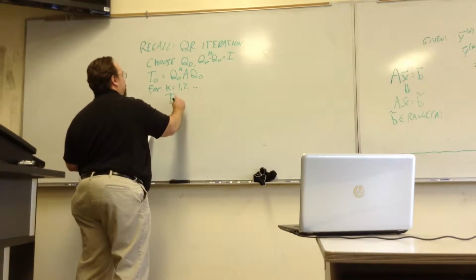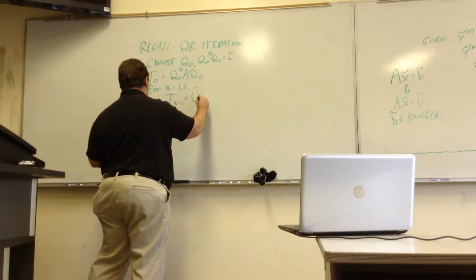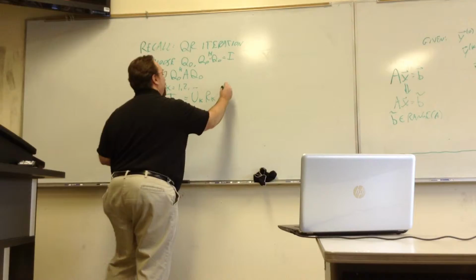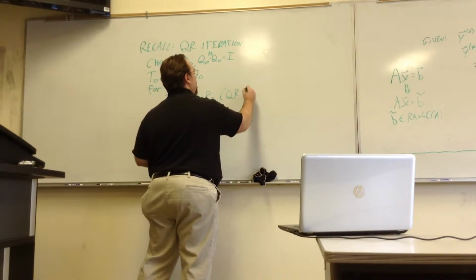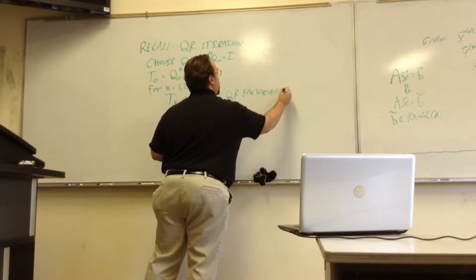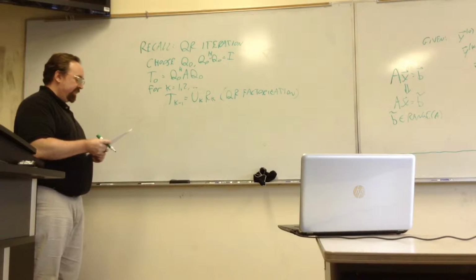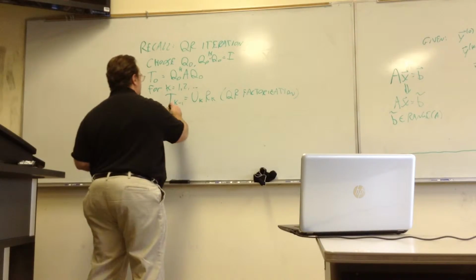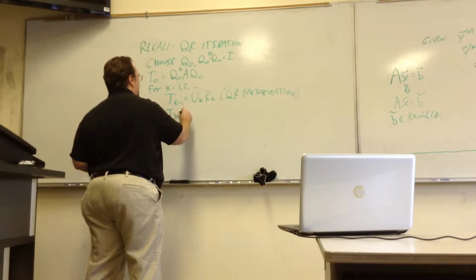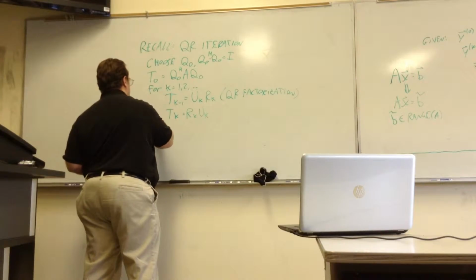We take our most recent T matrix and we QR factorize it using either Householder reflections or Givens rotations, whatever method you want to use. And then we just take these factors and multiply them in reverse order.